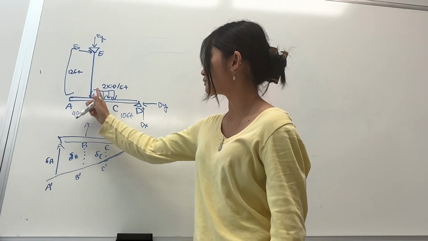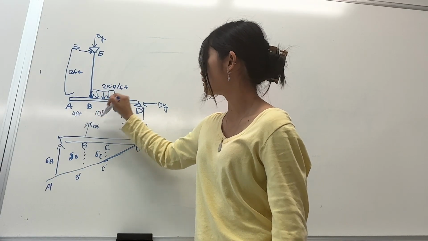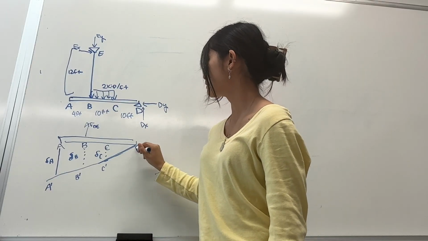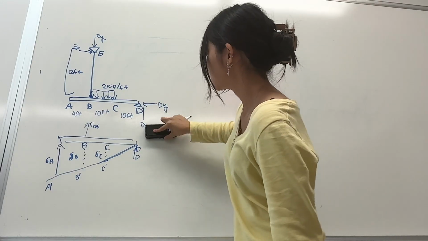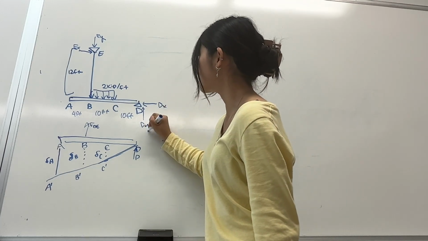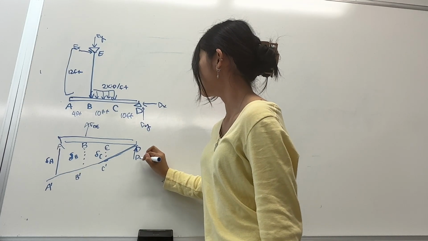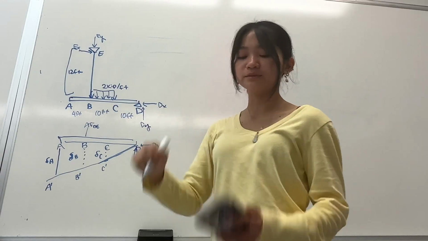So this is our force B to E. And then we have our D forces. So D, oops, I didn't even know this. Apologies. This is DX and this is DY. DX. Excuse me.